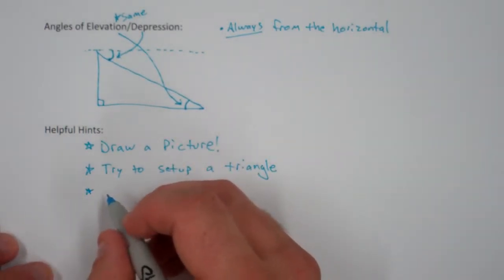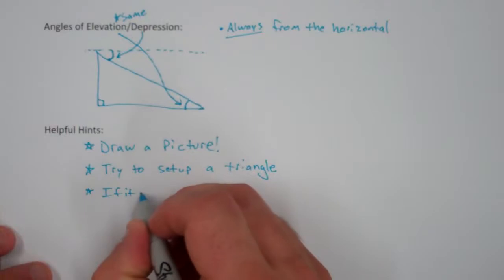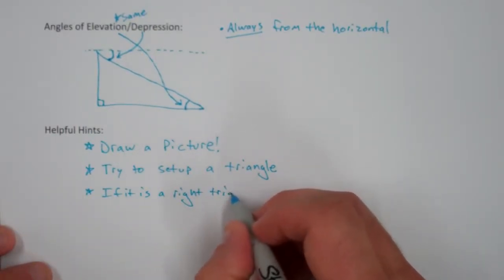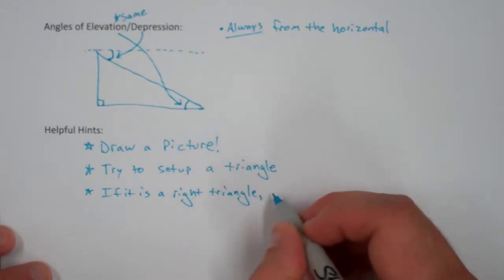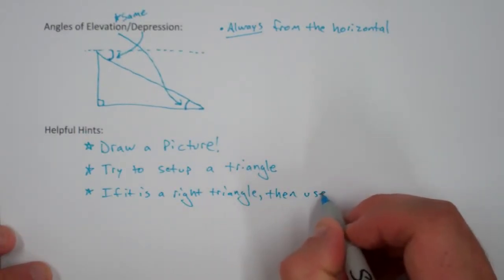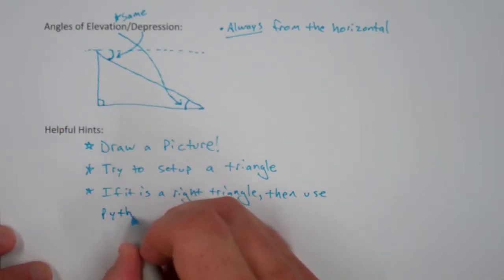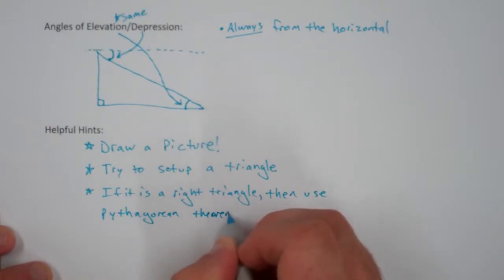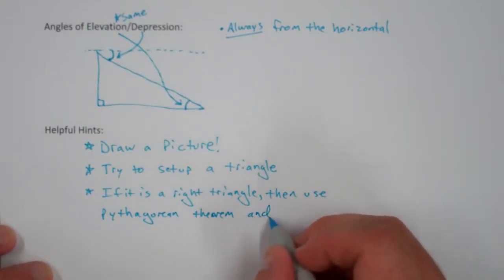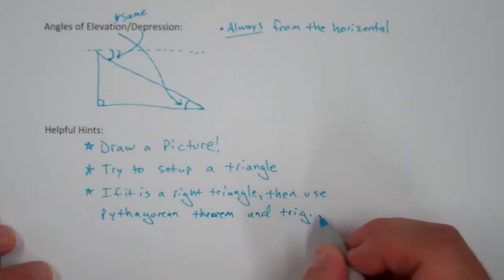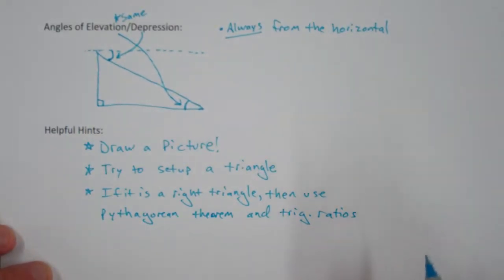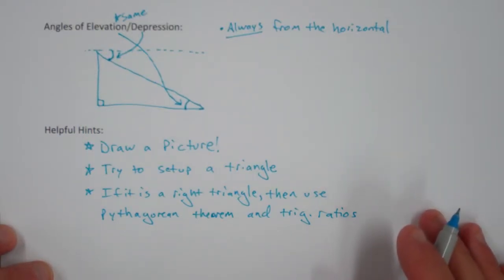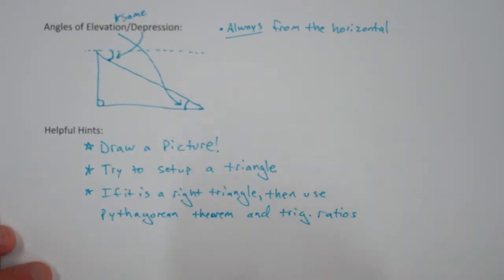So the next thing is going to be, if it is a right triangle, not all will be, but some, then you can use Pythagorean theorem and your basic trig ratios. So we're talking about sine, cosine, and tangent, cosecant, secant, and cotangent if you need them. Normally you just need those three, the sine, cosine, and tangent.